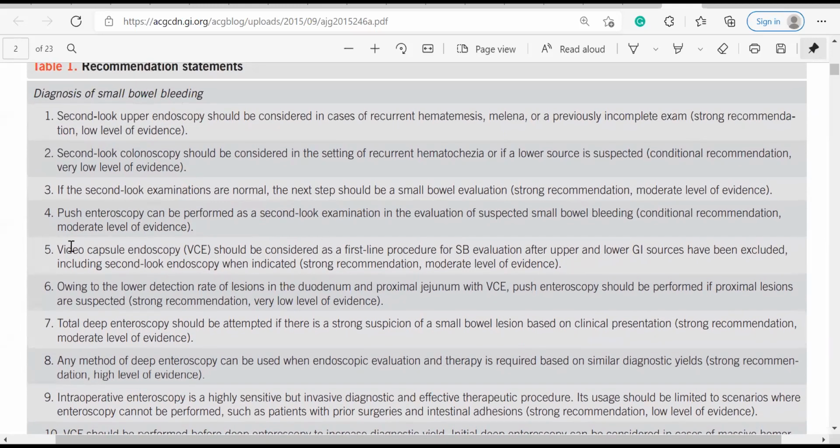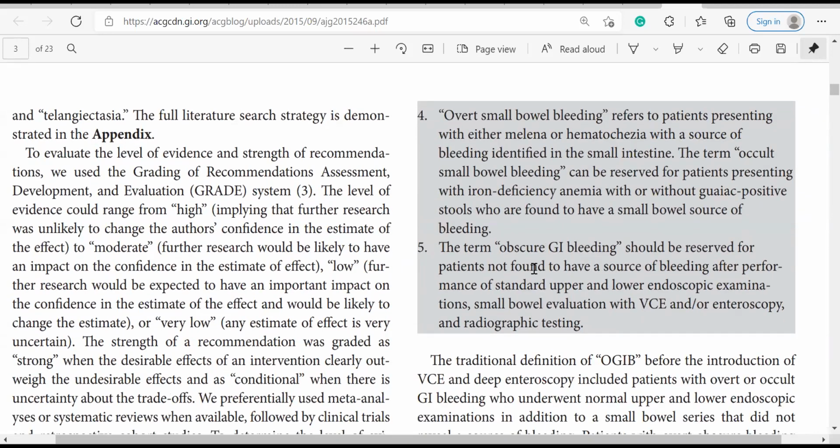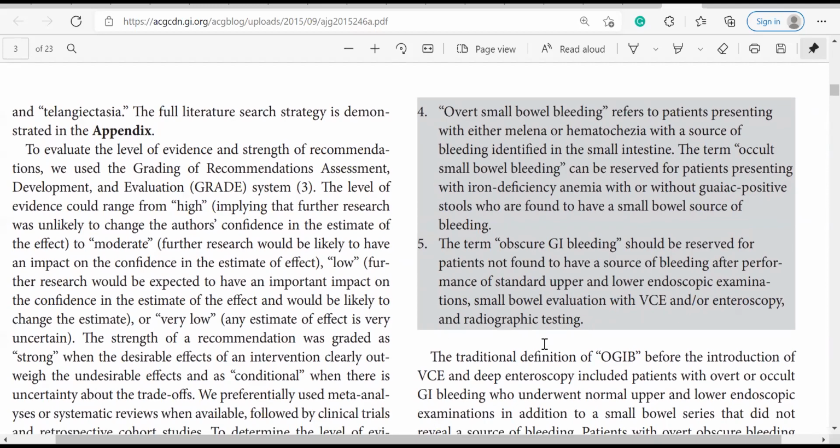I can't find it, but just have a read in here. There is something written like that. So give it a read in this guideline. You will be fine, because I was reading this one and I found that.